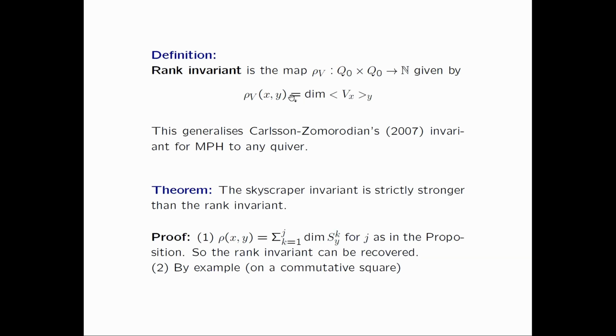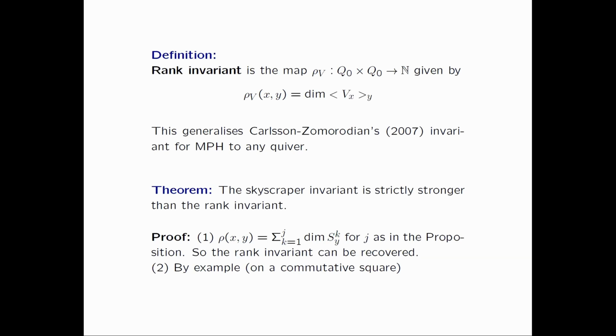This here is the formula for how you can actually recover the rank from just these modules, the quotient modules in the HN filtration. And then to show that it is actually stronger, well, you need to do an example. And here's the example, very simple. F², with projection of the first and projection of the second, and compare that with the case where both these arrows are the projection of the first coordinate.